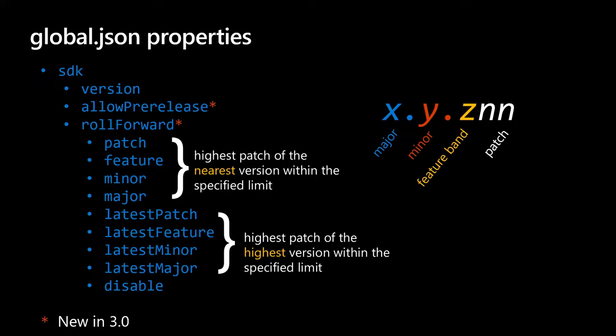It tries to get the highest patch of the highest version, so it can skip many versions and find the latest you have installed, stopping at the point you specify. Or you can just disable the roll forward and say, I want just that version. If you want deterministic builds, that would be a good option.